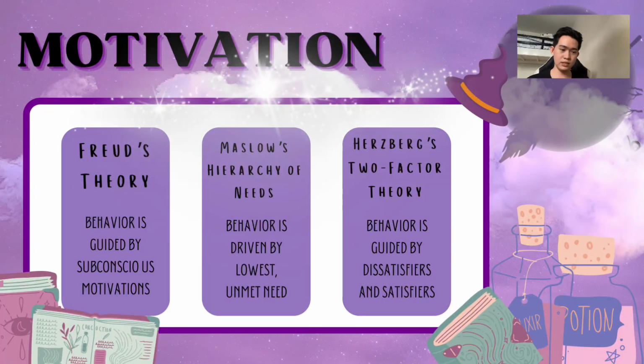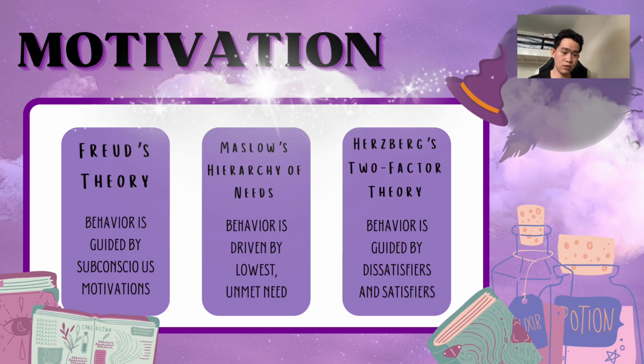So, in this slide, it explains different ideas about what drives people. First theory is Freud's theory. It says that hidden feelings and desires affect how we act. And next theory is Maslow's theory. It shows that people focus on their most important needs first, starting with food and safety before reaching personal growth.